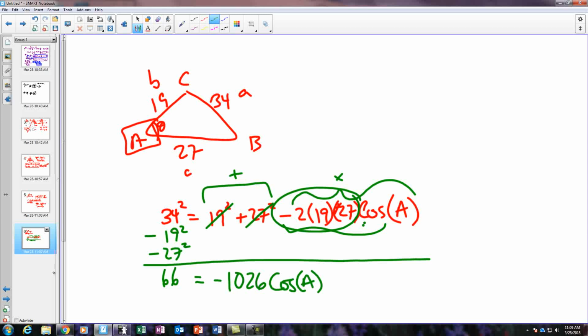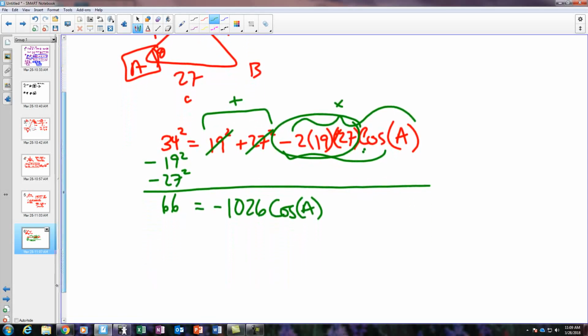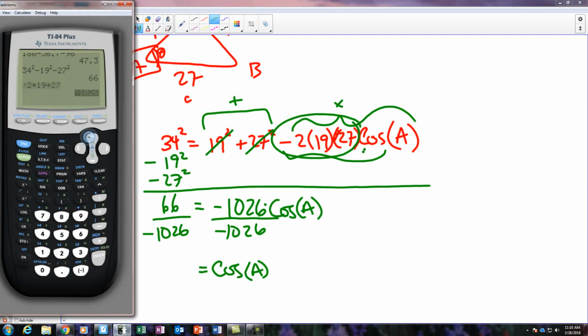Now, how is the 1026 connected to the cosine? This right here is still a multiplication problem. So I'm going to divide by negative 1026. I get the cosine of capital A equals some number divided by that.